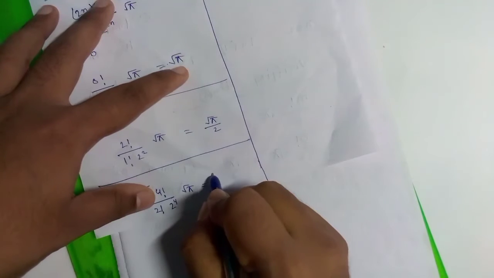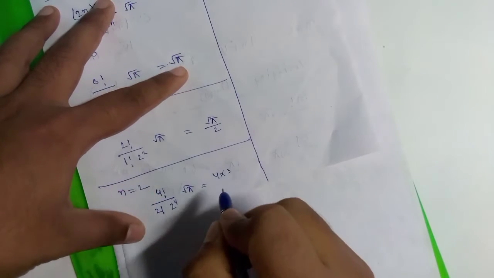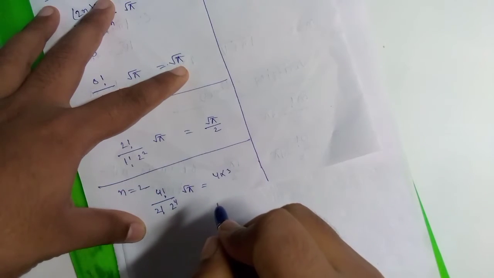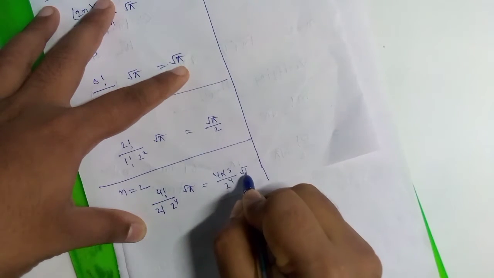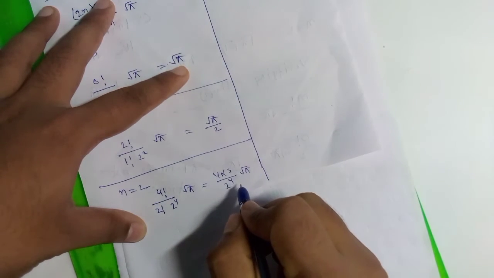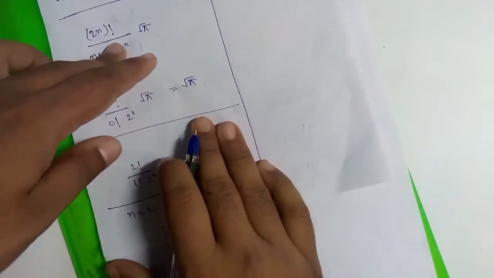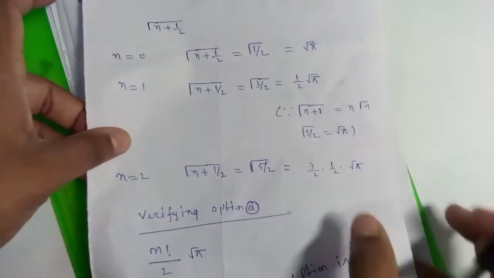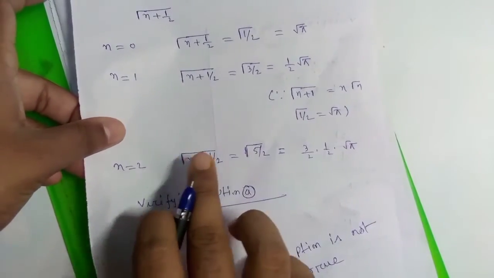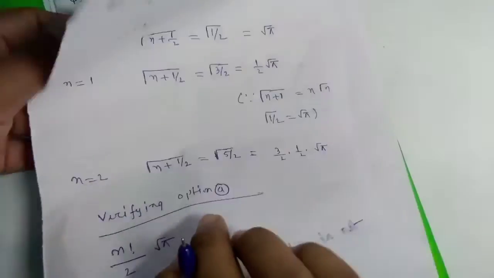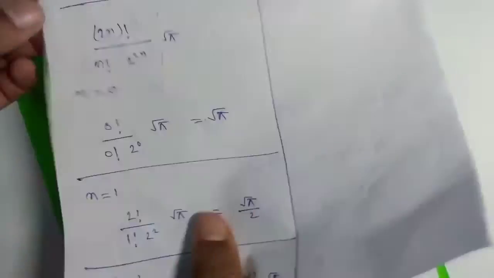It comes 4 into 3 divided by 2 to the power 4 root pi. So 3 by 4 root pi. So option C is true. When n is equal to 2, it satisfies.